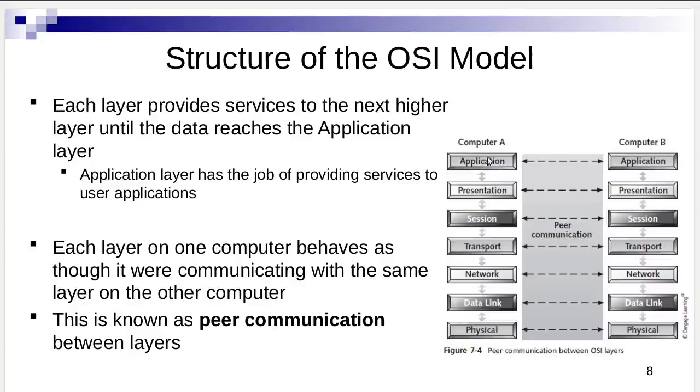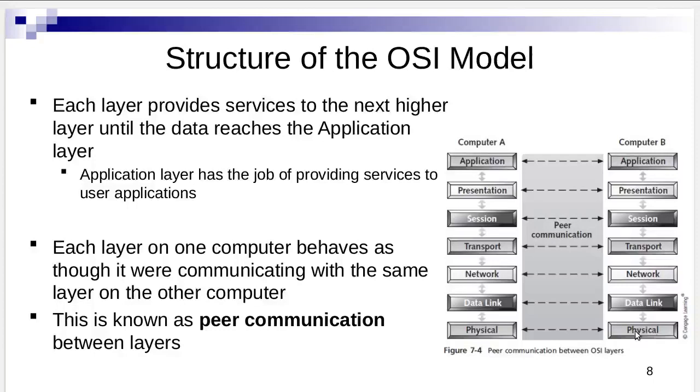And so that's the idea with peer communication. You have this illusion that when you set up a web browser, you're talking directly to a web server on the other end, but actually you're only talking to the layer below, which is presentation, which talks to session, transport, network, data link, physical, and the actual data goes across the network through the media, be it the air for Wi-Fi or cables for Ethernet, and eventually gets across to the web server.